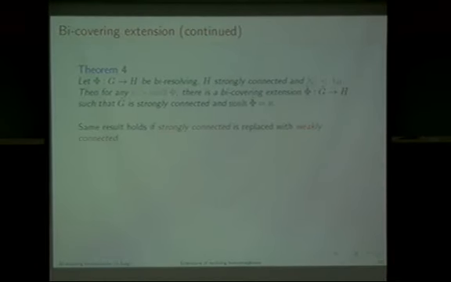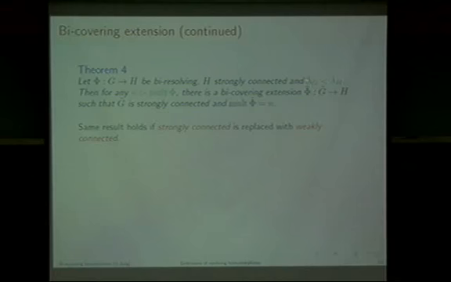And among many results, we have one main result. Suppose that a bi-resolving graph homomorphism is given and H is strongly connected. When graphs G and H are given, we can find their adjacency matrices and compute their spectral radii.